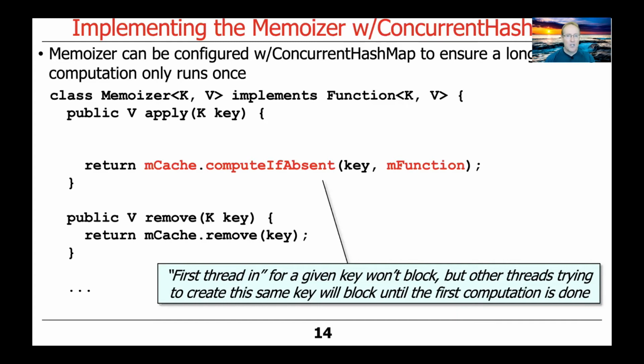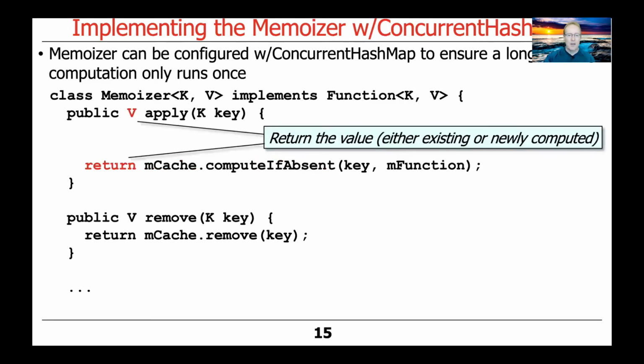But if any other threads show up when the key has not yet been associated with a value, they will all block until the first thread finishes the computation. So by the time the other threads, the ones that come later, continue, the value will have been computed. And so they'll just get the value back. And you can see that the purpose of apply is to return the value associated with that key, which may have been computed or may have already existed, depending on whether a thread was the first one in to do the computation.